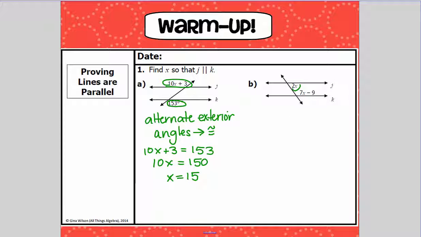In B, 2x and 7x minus 9 are given. Those are consecutive interior angles.